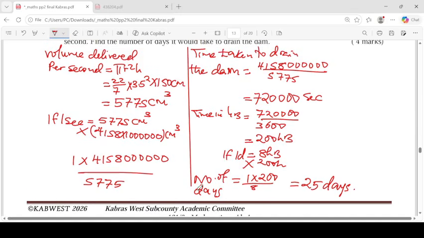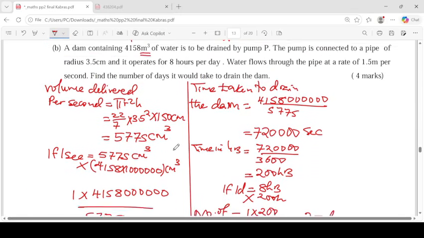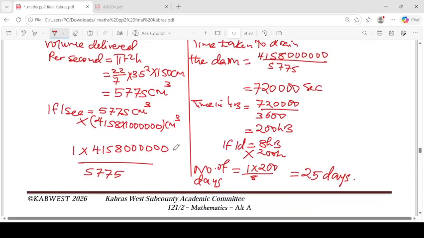It is my hope you've seen that particular flow, 25 days.